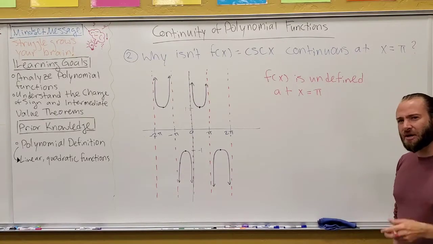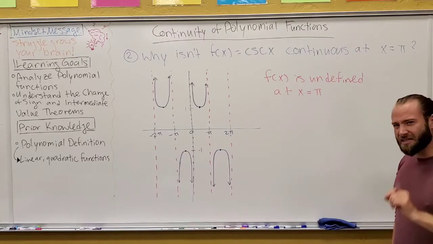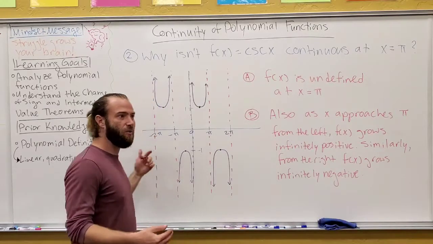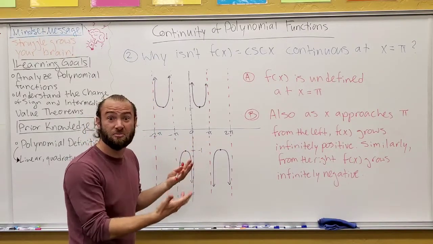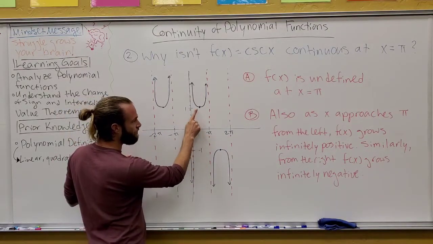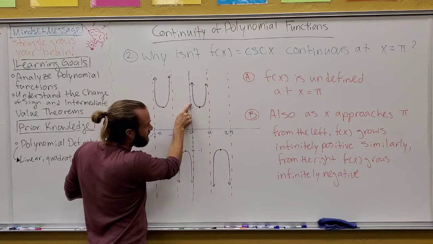But we can still think about our reasoning that we just applied a moment ago with this one, but it'll be slightly different. The other way to think about it is, again, we're thinking about what happens as I get really close to the input we're asked about. How does the function behave? Well, if we approach pi from the left, we're in this piece. So if we're going towards pi, notice what happens.